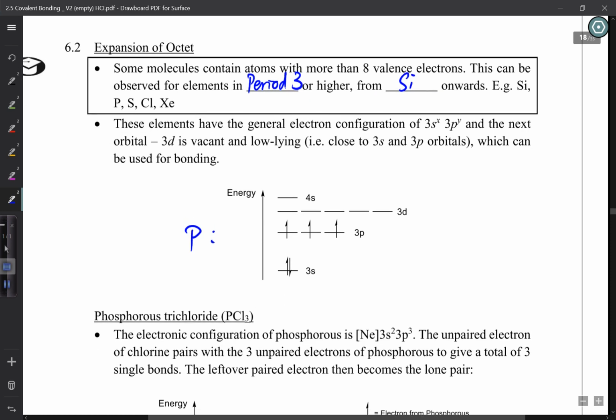Why are they low lying? Have you learned this in atomic structure? The orbitals are stacked, so the 3s, 4s and 3d overlap. Here is n equals 1, n equals 2, n equals 3, n equals 4, and they get progressively closer and closer.